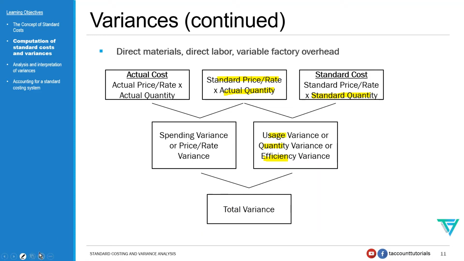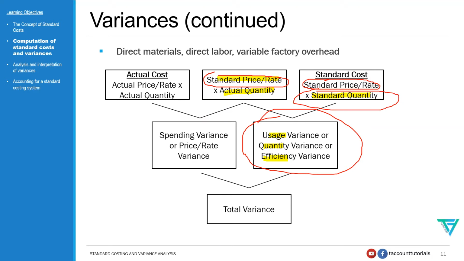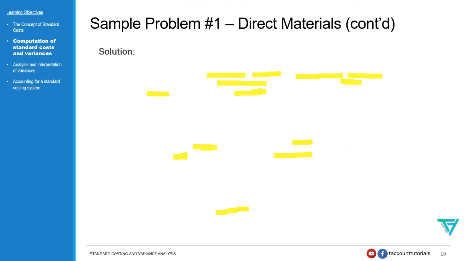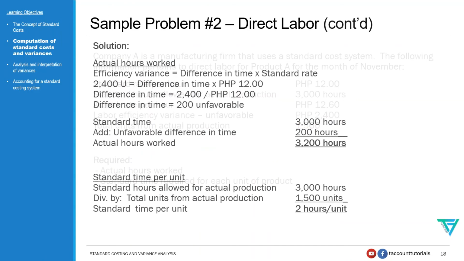So in the problem, as you can notice, what is given is actually the usage or efficiency variance. We also have been given the standard price or rate. We have also been given the standard quantity, right? So we should be able to work back to compute for the actual quantity, which is the requirement of the problem.